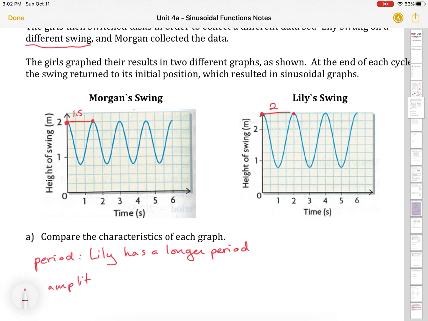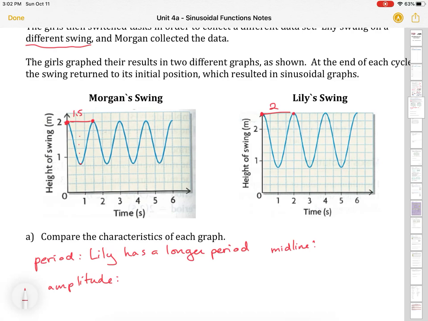Looking at amplitude, we're looking from our midline all the way up. We actually probably should do midline first, right? Because the midline goes from here to the top. So our midline is going to be 2 minus, so it's like 1, 2, 3, 4 3/4.